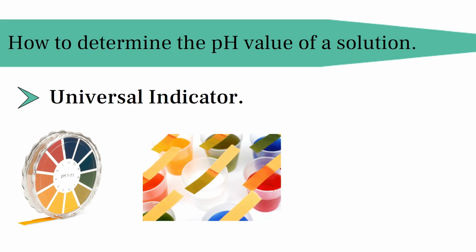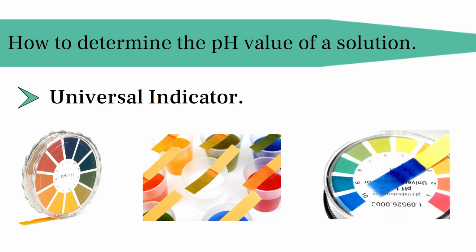The indicator strip is dipped into the solution, and the color change of the indicator strip is observed, then compared to the closest color match in the standard chart provided on the container. The pH value is also indicated next to the color on the chart to determine the approximate pH of the solution.